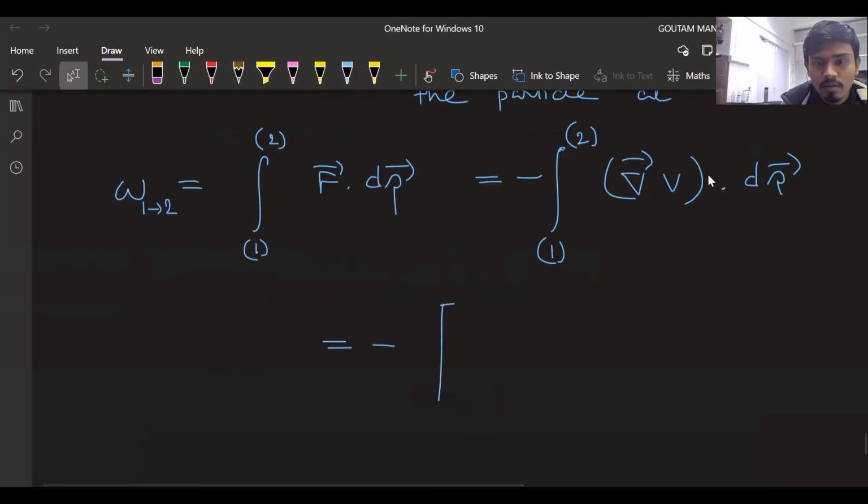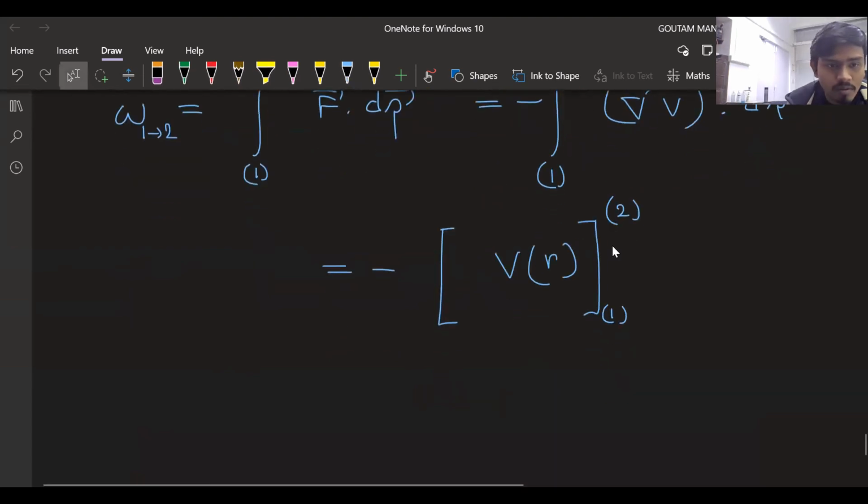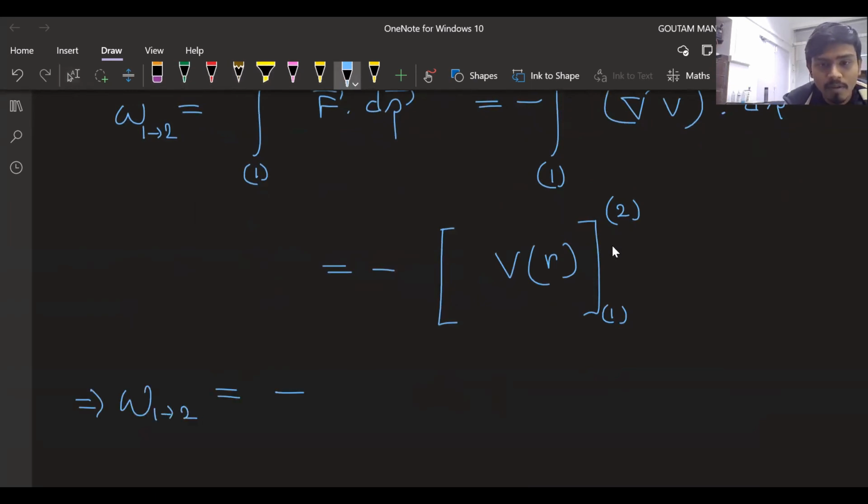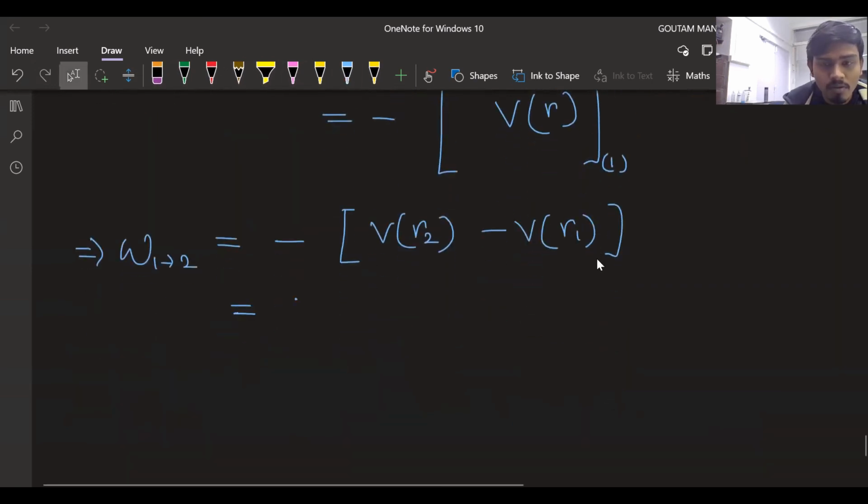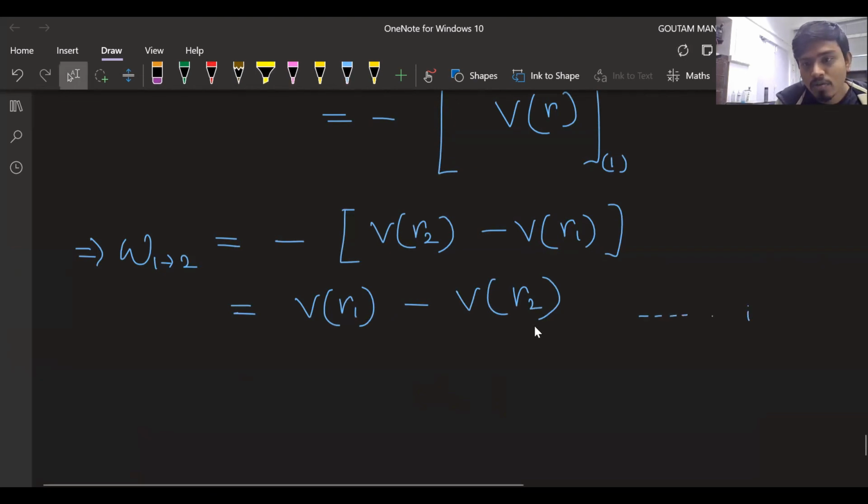This means minus V from 1 to 2. So the work done from 1 to 2 is V at R2, the upper limit, minus V of R1, with a minus sign in front. If you take the minus inside, we get V of R1 minus V of R2. We will call it equation 4.